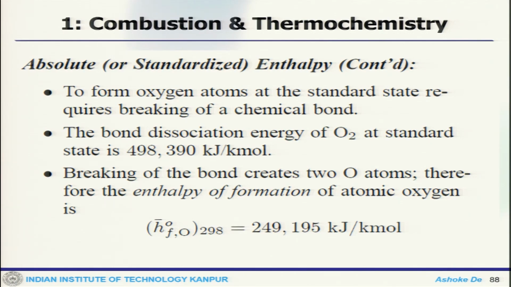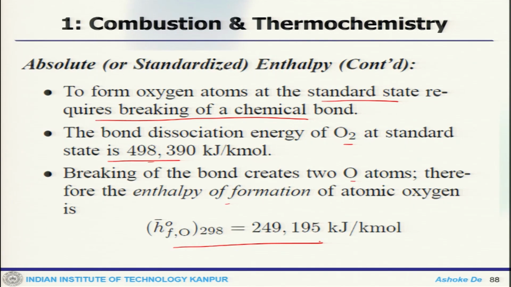So, the absolute enthalpy: to form an oxygen atom at the standard state requires breaking of a chemical bond, and the bond dissociation energy of oxygen at standard state is this. This is standard information one can look up. The breaking of the bond creates two oxygen atoms, therefore the enthalpy of formation of the oxygen is this.